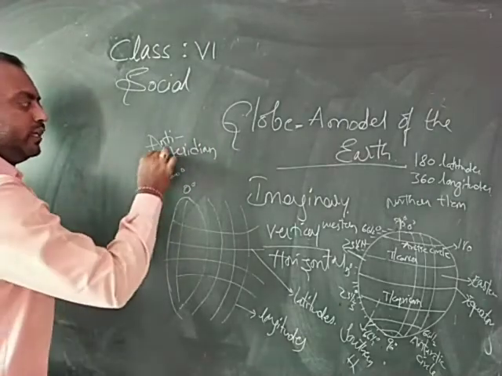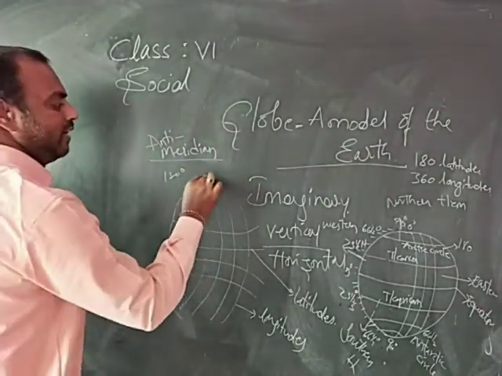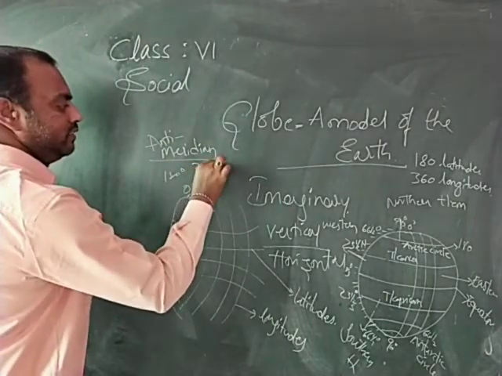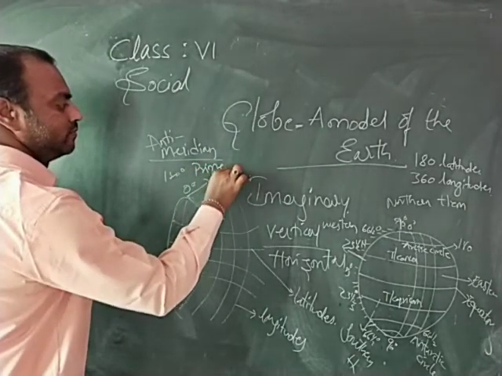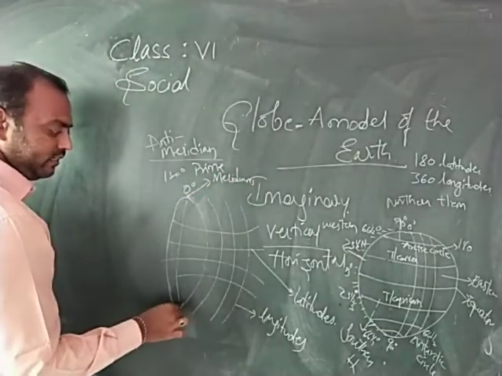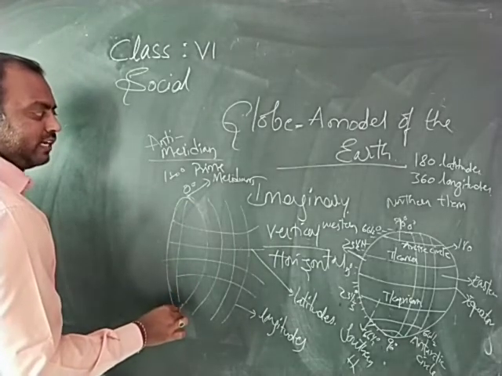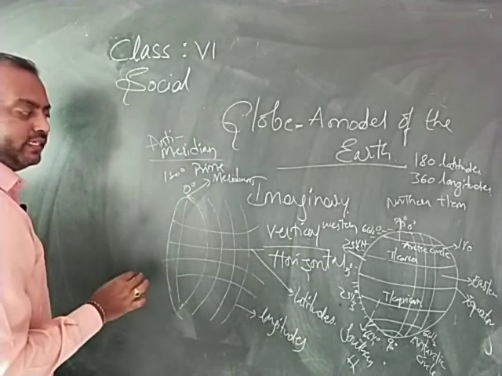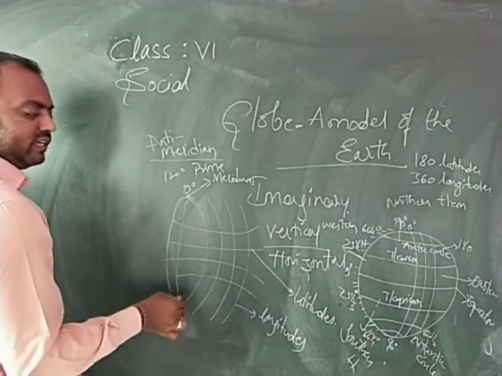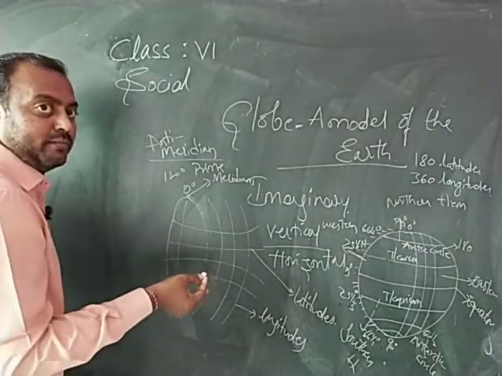Anti-meridian. Why do we call it as anti-meridian? Because 0 degrees longitude we call it as a prime meridian. These are meridians. So this is the prime meridian, and exactly the longitude which is located on the opposite direction we call it as anti-meridian. So these longitudes help us in finding out the time of a place.